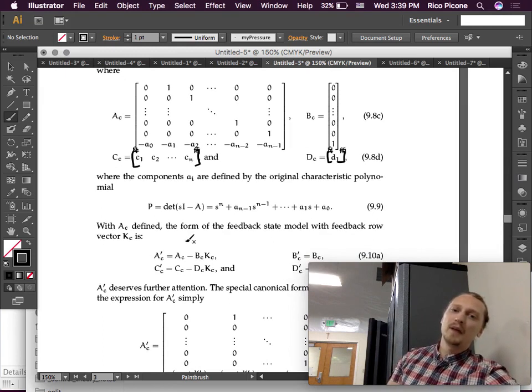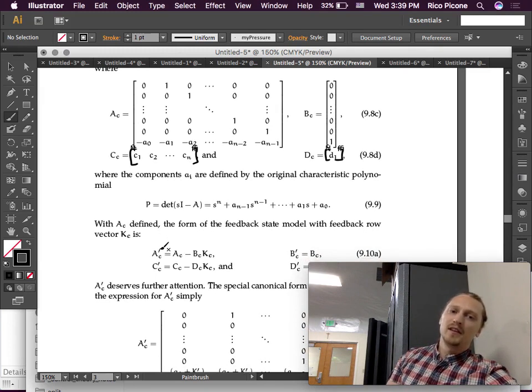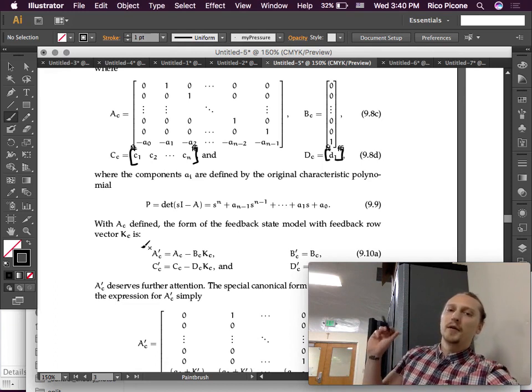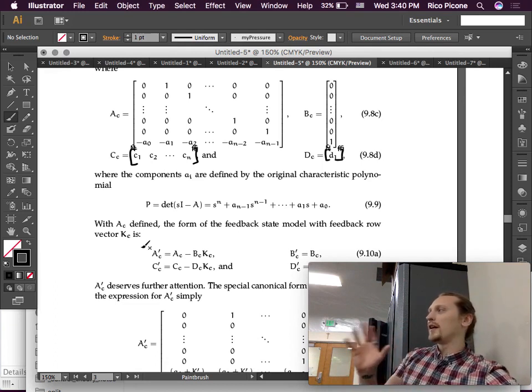The form of the feedback state model with feedback row vector K_C is A_C prime. The prime denotes the fact that we have done feedback now. A_C means in this phase variable canonical form, and the prime means that now we have a new feedback in the A matrix.